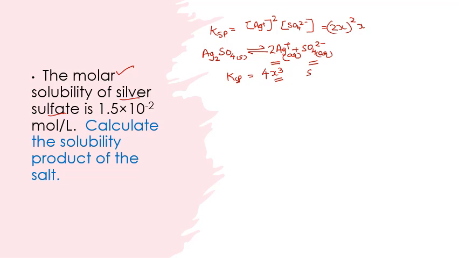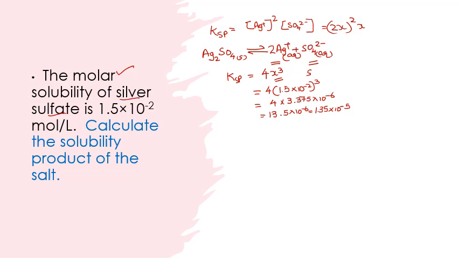Okay. So how can we calculate this? Ksp is 4 times, we are just substituting the given molar solubility, which is 1.5 times 10 to the power negative 2, to the power 3. So that equals 4 times 3.375 times 10 to the power negative 6, which equals 13.5 times 10 to the power negative 6, 1.35 times 10 to the power negative 5.